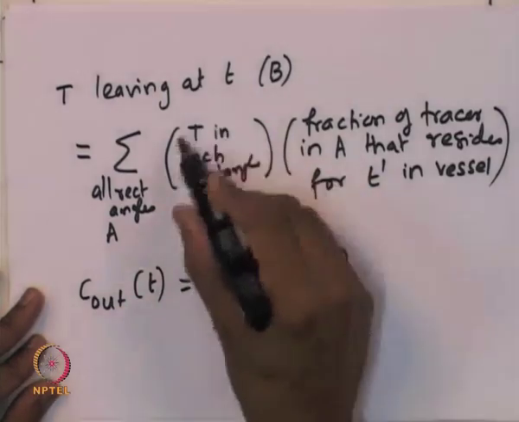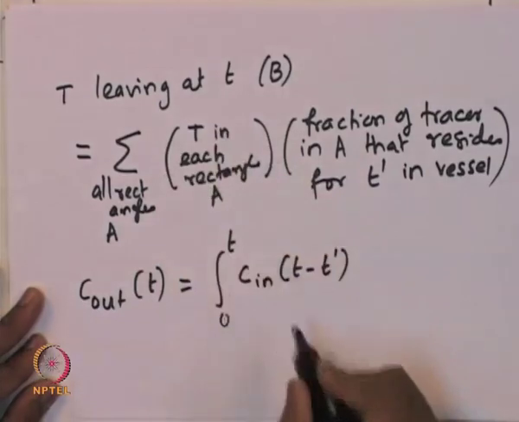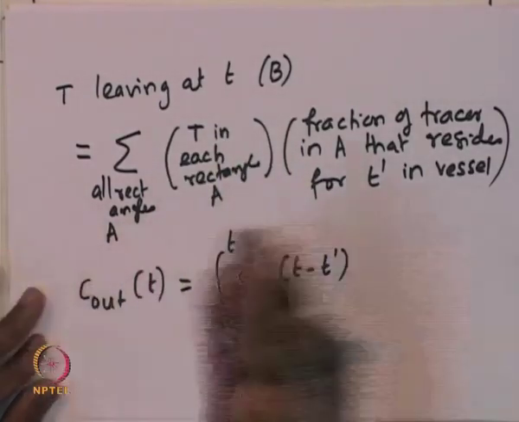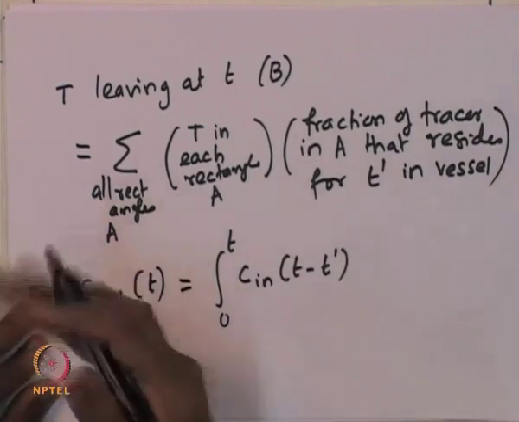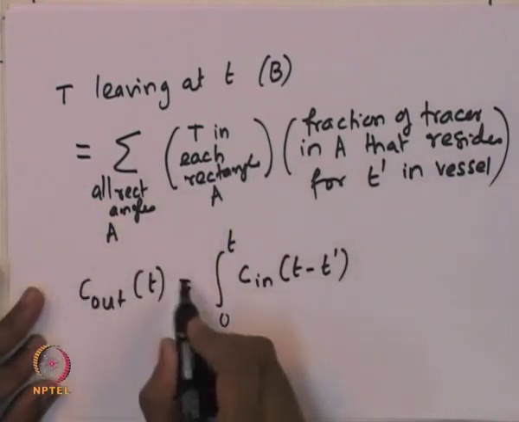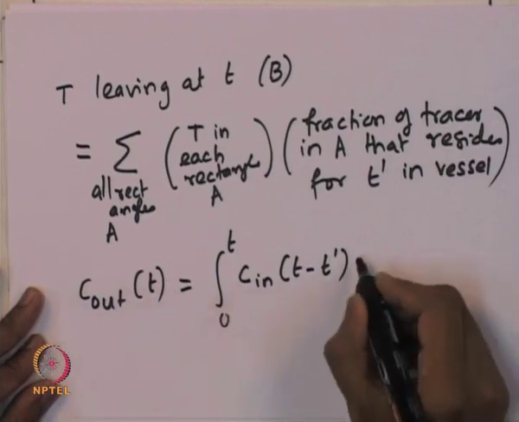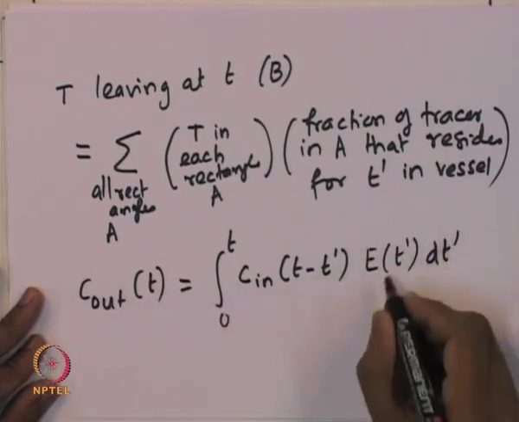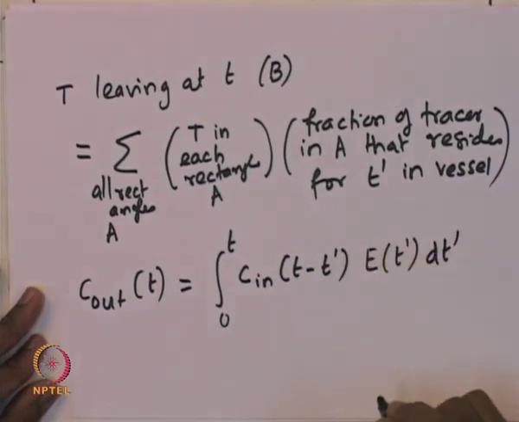This corresponds to the concentration of the tracer in each rectangle, which is injected exactly t prime time before the time at which the concentration is being monitored, multiplied by the fraction of the species that spends t prime time inside the vessel.